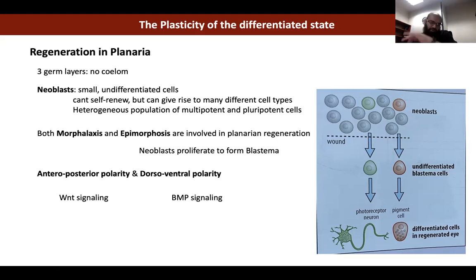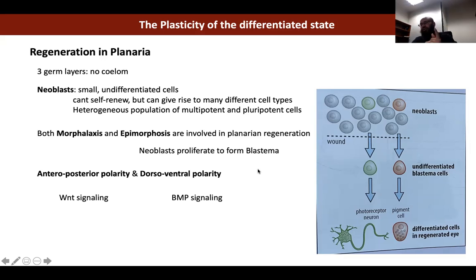First there is a covering of epidermal skin that covers the wound. So if you make a wound on the head side, the wound is covered by the epidermal layer, and under that layer the blastema is formed, which is basically the growth of neoblast cells.